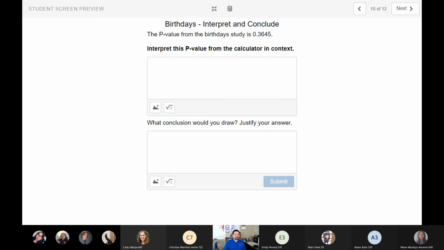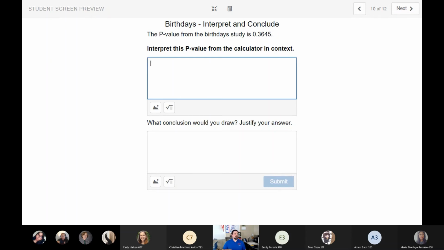So remember, when we're interpreting in context, that means saying, what does this proportion represent? The conclusion is then saying, how does this proportion compare to our significance level, the alpha? And what does that mean we get to do about our null hypothesis? Do we reject or fail to reject? So we'll give you all a few minutes here to type in some responses, and then we shall discuss.